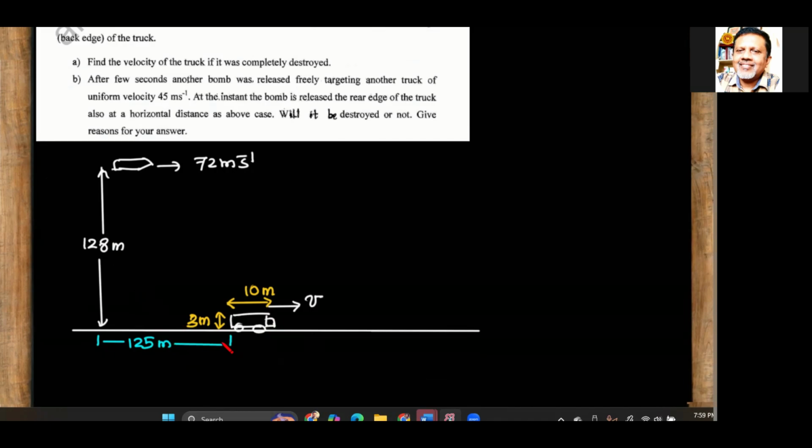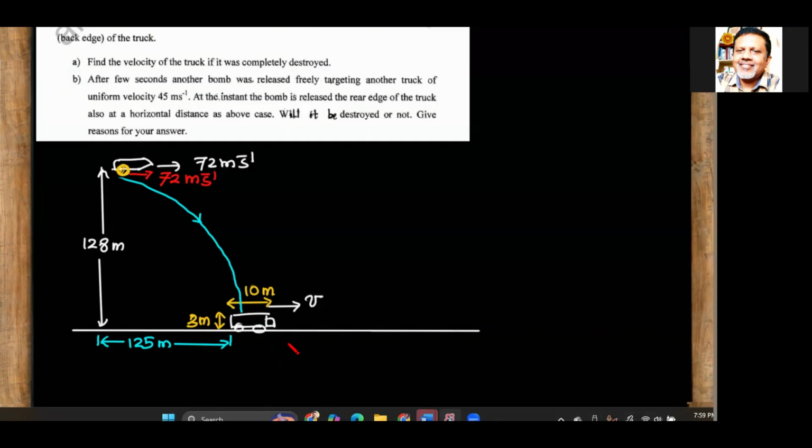And when a bomb is released from this aircraft, we know that the bomb also has an initial horizontal velocity of 72 meter per second, and it will follow a projectile path and it should fall on this truck, right?